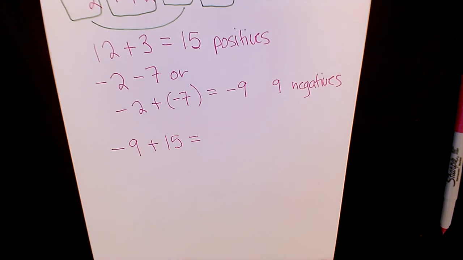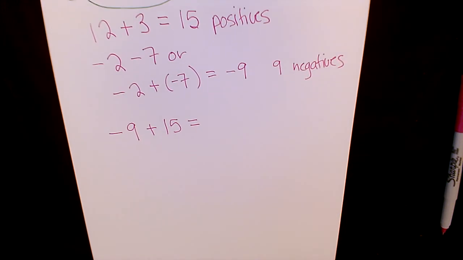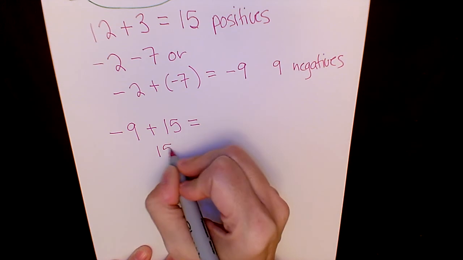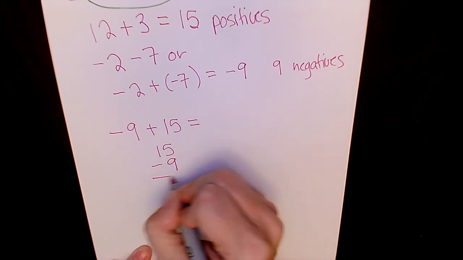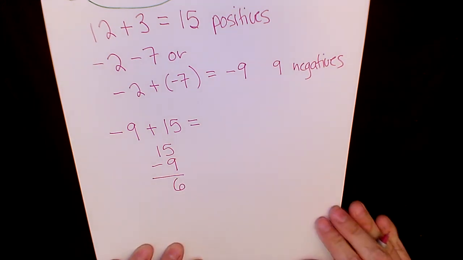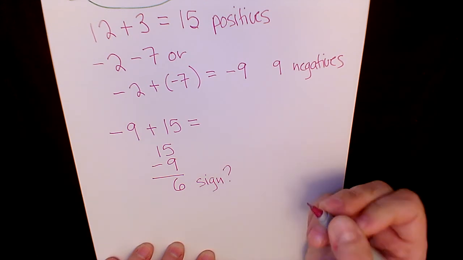So I've reduced it down to 2 numbers. And again, you could draw it out, or you could subtract. And I'm just going to subtract. So I've got 15 minus 9, which is 6. And what sign is going to go with that?